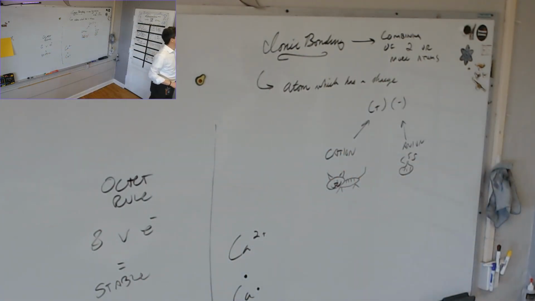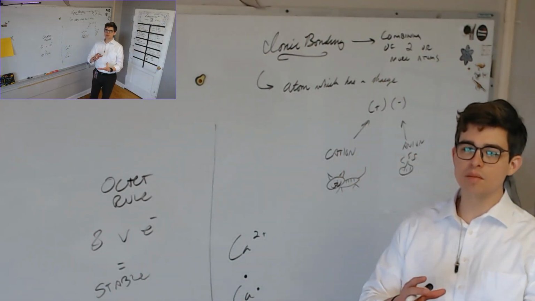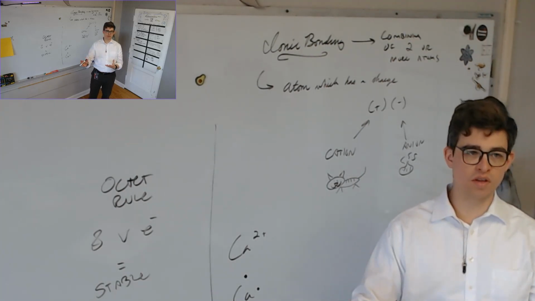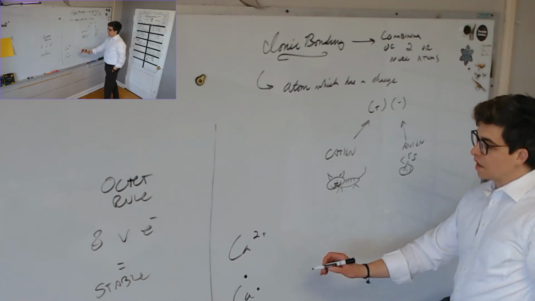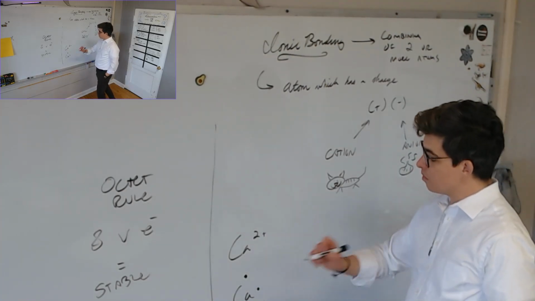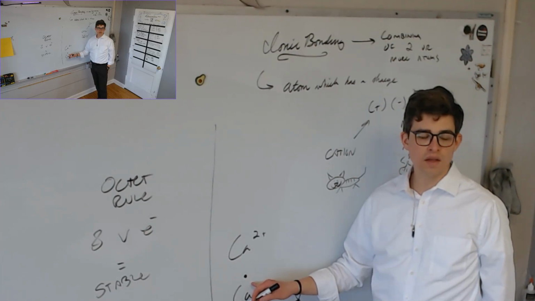The 2 most important ones are hydrogen and helium, which are stable with 2. There are also exceptions within here, and over here too, where atoms can be more stable with some other number than they currently have, but that number may not necessarily be 8. So calcium, in order to become more stable, would like to get rid of these 2 electrons. It can't just get rid of them.